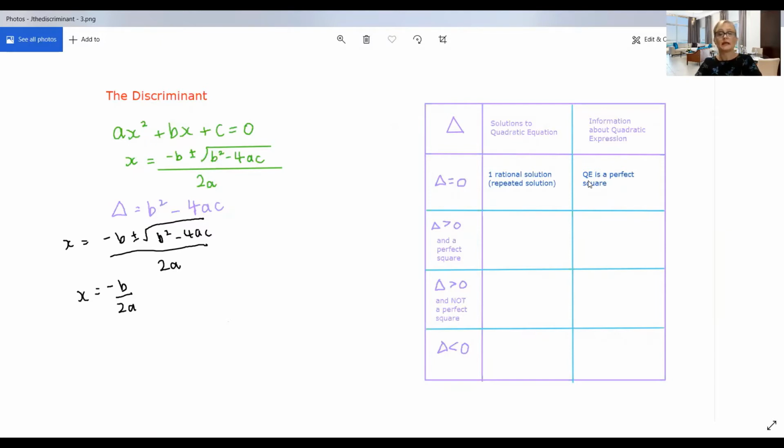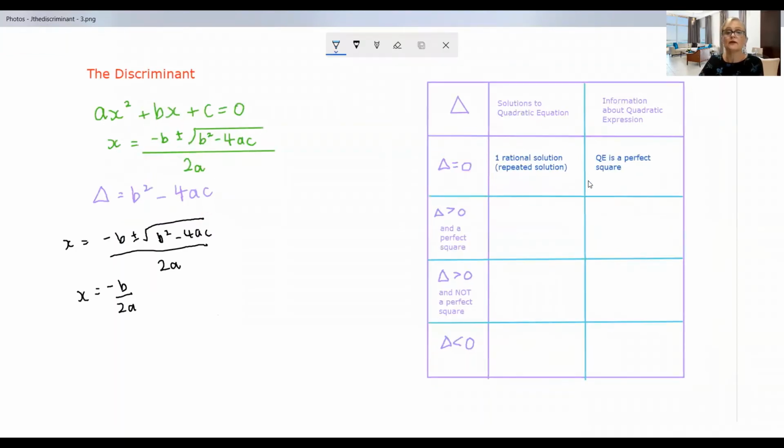Let's think about the next situation where our discriminant is positive and the discriminant itself is a perfect square. For example, say the discriminant might be 16 or something.